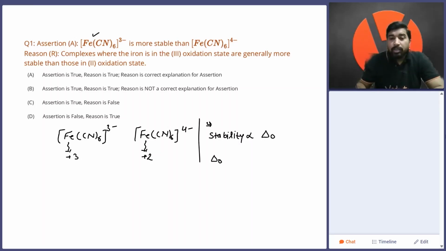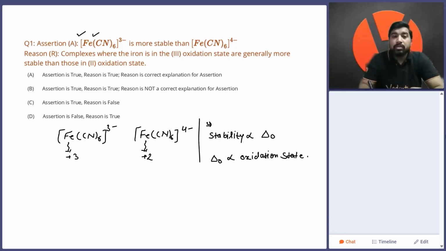And del O depends on the oxidation state, directly proportional to the oxidation state. So higher the oxidation state, higher will be the stability. So definitely the complex in which iron has a +3 oxidation state is more stable.